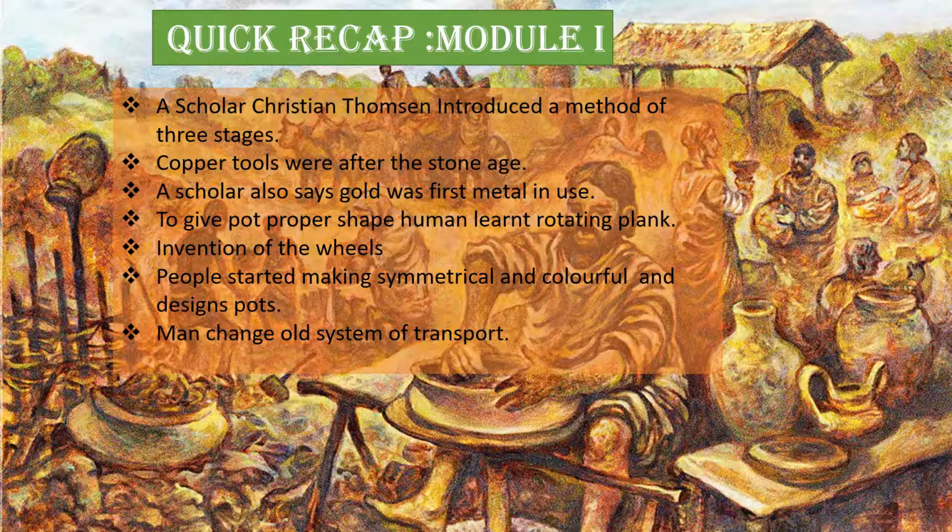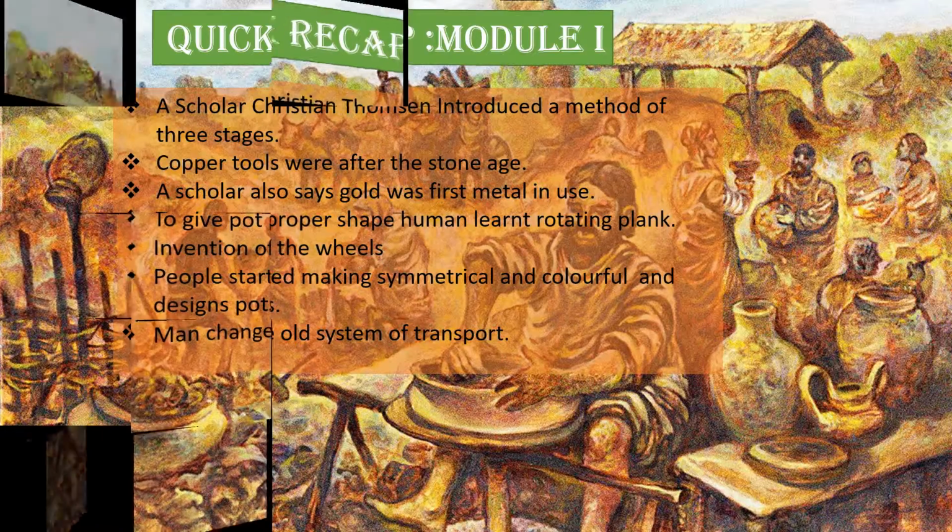To give pots proper shape, humans learned the rotating plank. With the invention of the wheel, people started making symmetrical and colorful designs on pots. Man changed the old system of transport. All this we learned in our Module 1.